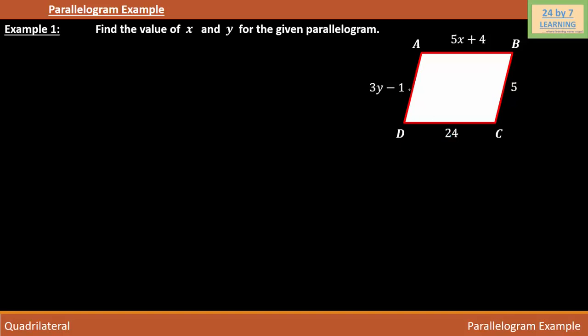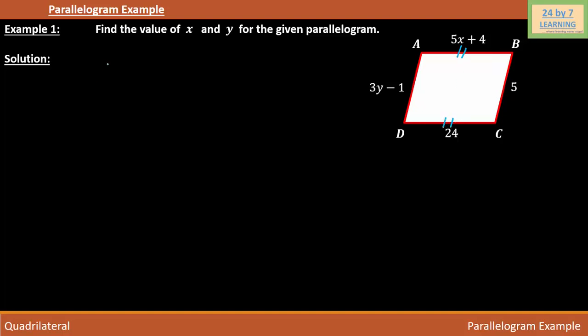In order to solve for the value of x and y, we are going to consider the properties of the parallelogram. As you know, the opposite sides of a parallelogram are congruent. So this side is congruent to this side.